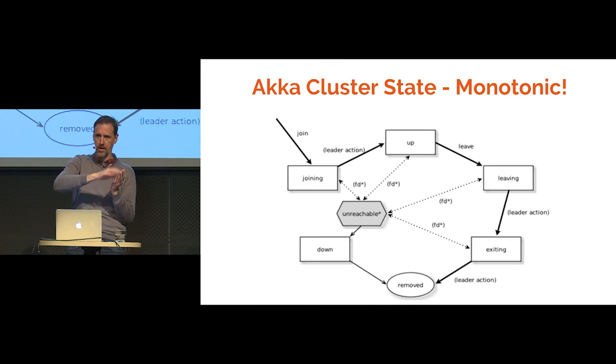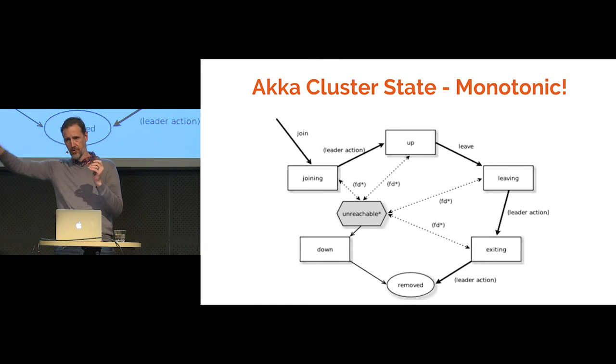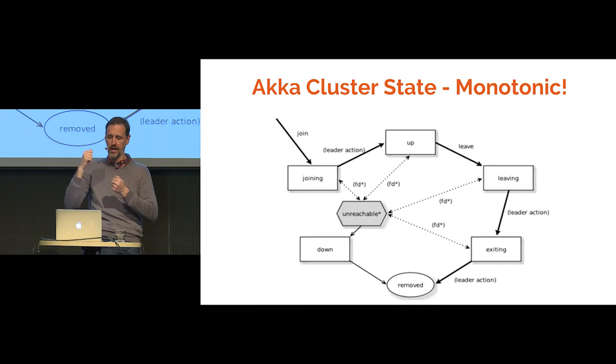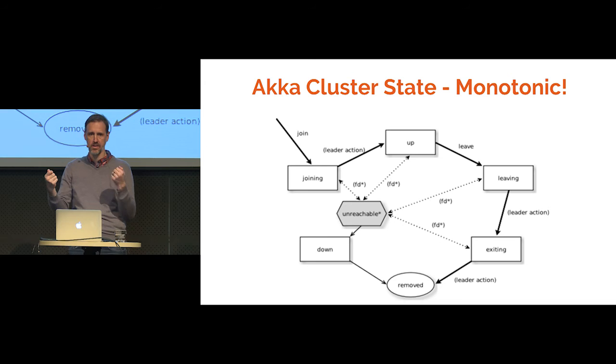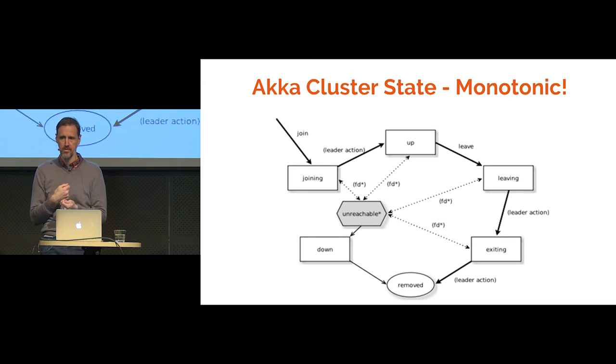So because it's a monotonic sequence, I know I'm at the farthest point in that state. So if I see conflicting values of up versus leaving, I always know how to resolve them. And that's what makes Akka Clustering able to scale and coordinate between nodes without any kind of central locking mechanism, because I can resolve conflicts without having that central locking point.